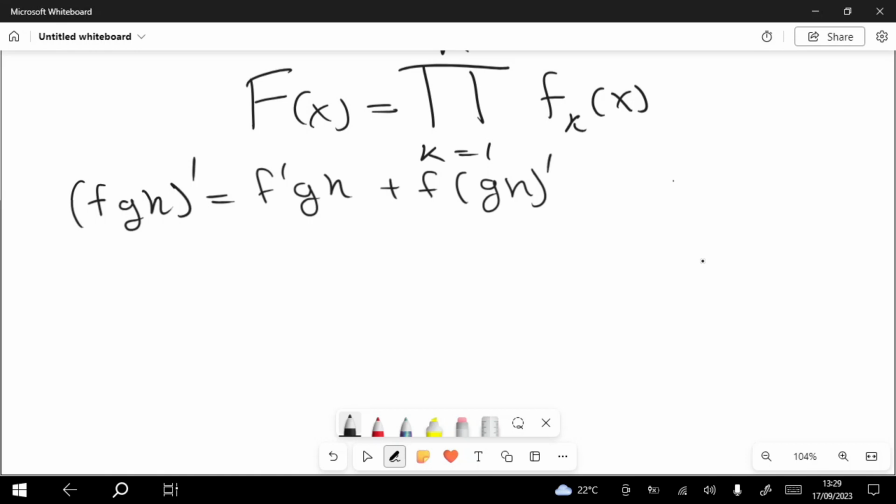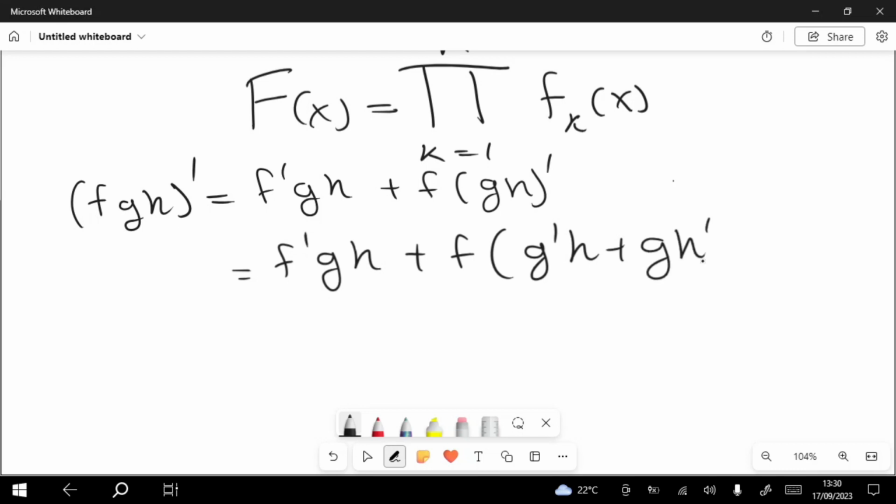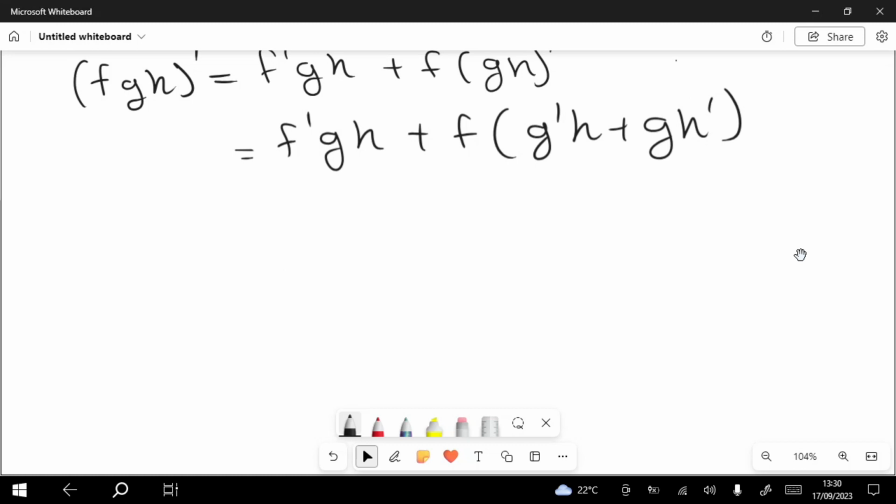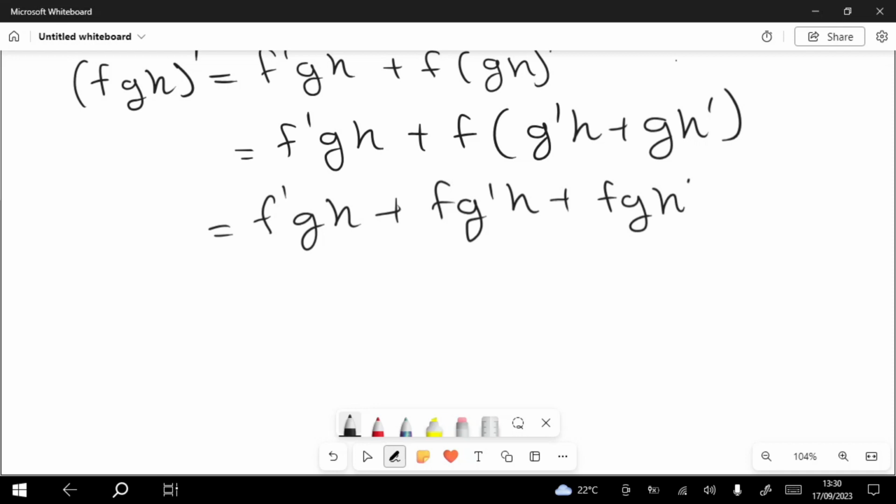Now this, we're going to use the product rule for 2 functions. So f prime times g times h plus f times g prime times h plus f times g times h prime.